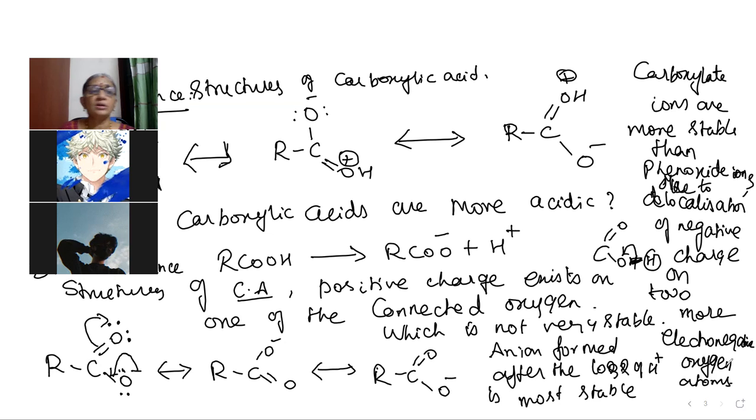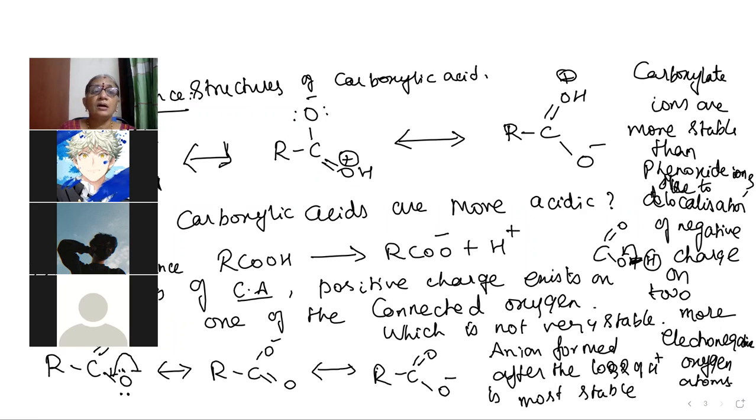But in phenoxide ions, the negative charge is delocalized on oxygen and carbon in the ring. The tendency of carbon to bear the negative charge is relatively less than that of oxygen. Here there are two oxygens sharing the negative charge, which is why it is even more stable than the phenoxide ion. That's why we say carboxylic acids are even more acidic than phenols.